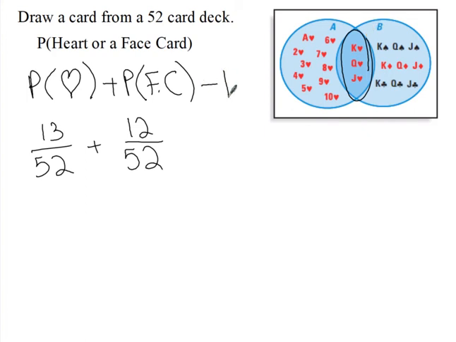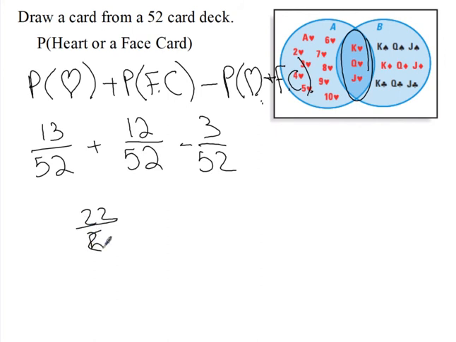So I'm going to have to take away the probability of them being heart and face card at the same time. That's not the same "and" as before. That's just meaning they have the same characteristic. Okay, work that out, and I end up getting roughly 22 out of 52. Now, I would reduce that later, but for the sake of time, I'm not going to reduce it right now.